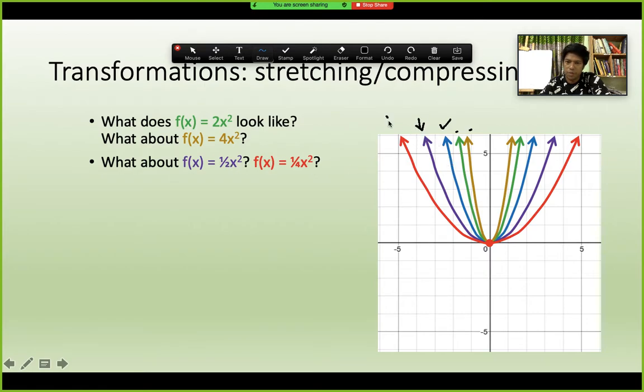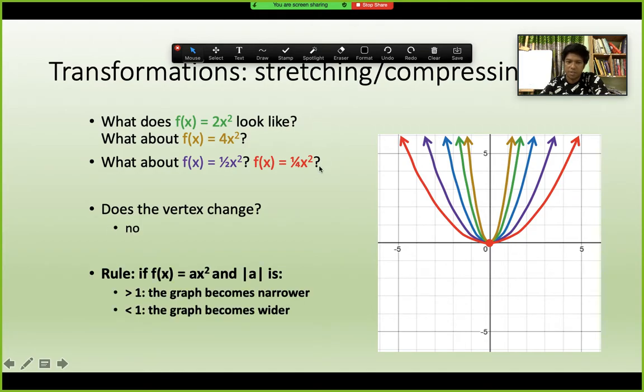This is 0.5, this is 0.25, so 0.25 of x square. So you see this number is smaller, that's why the graph is wider. If the number becomes more, then the graph comes to this side. The graph gets compressed. Compression happens for that.